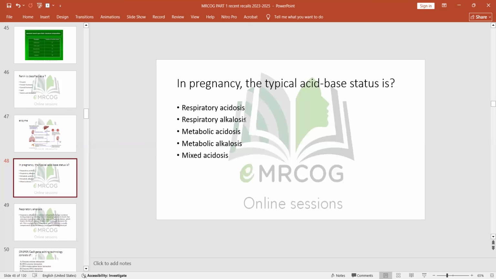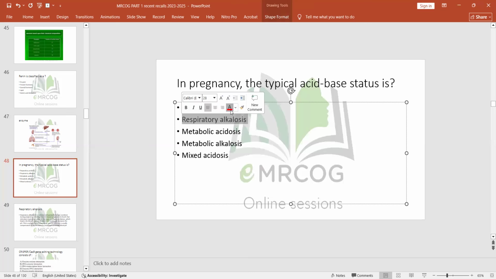Respiration, so it's respiratory alkalosis. This is physiological, okay? And this is going to stimulate the brain centers and receptors so that the patient is going to slow down the breathing and retain some CO2 inside so that we are going back to normal again.